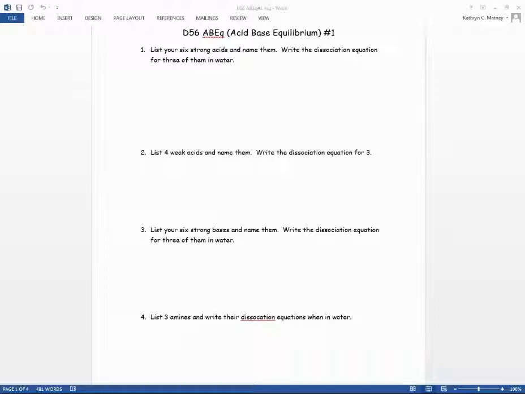These guys come from the periodic table, do they not? And what is the name, Skylar, of HCl? Okay, how'd you know that? Because you wrote it down, okay? Kyle, did you know HCl is called hydrochloric acid? Okay.